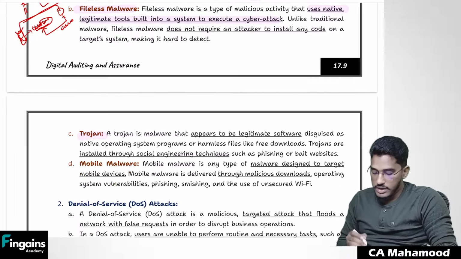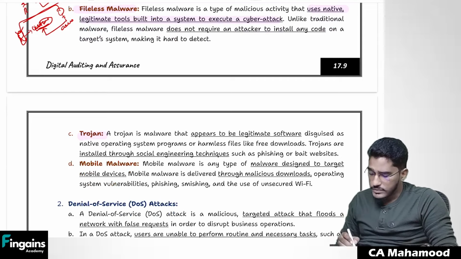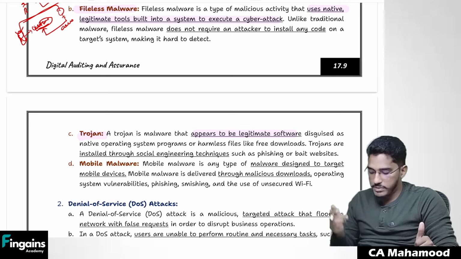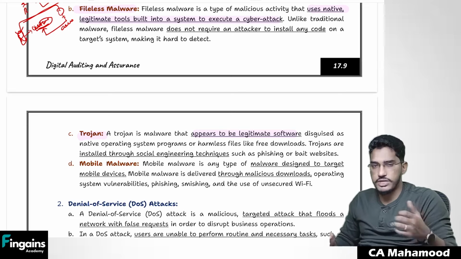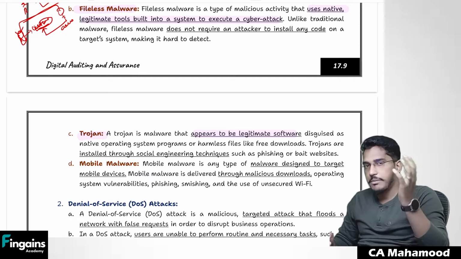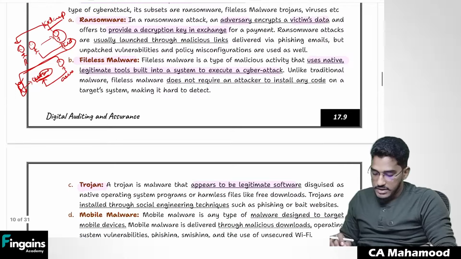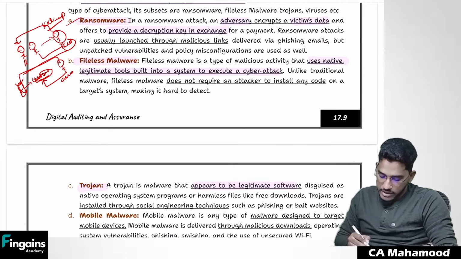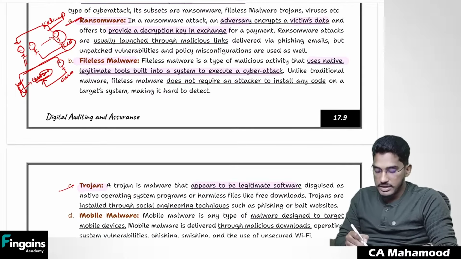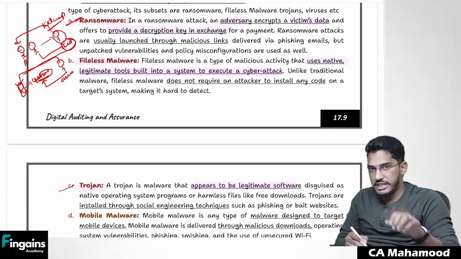Then we have Trojan. Sir, what is Trojan? Trojan is also a kind of malware that appears to be legitimate software, disguised as a native operating system or harmless files like free downloads. It will look as if it is genuine software, but it actually has a bad intention. See, the only difference between ransomware and Trojan is, in ransomware, the attacker will demand money from you.